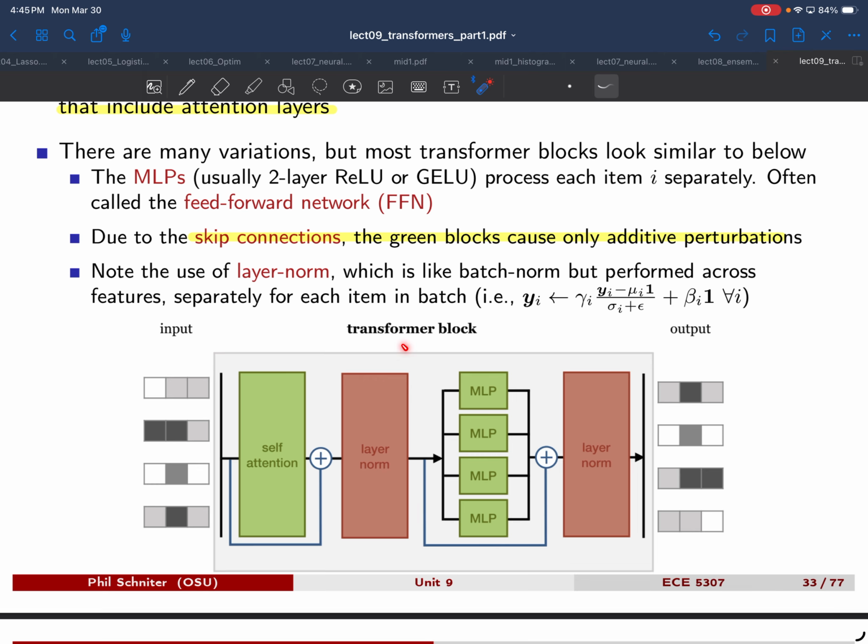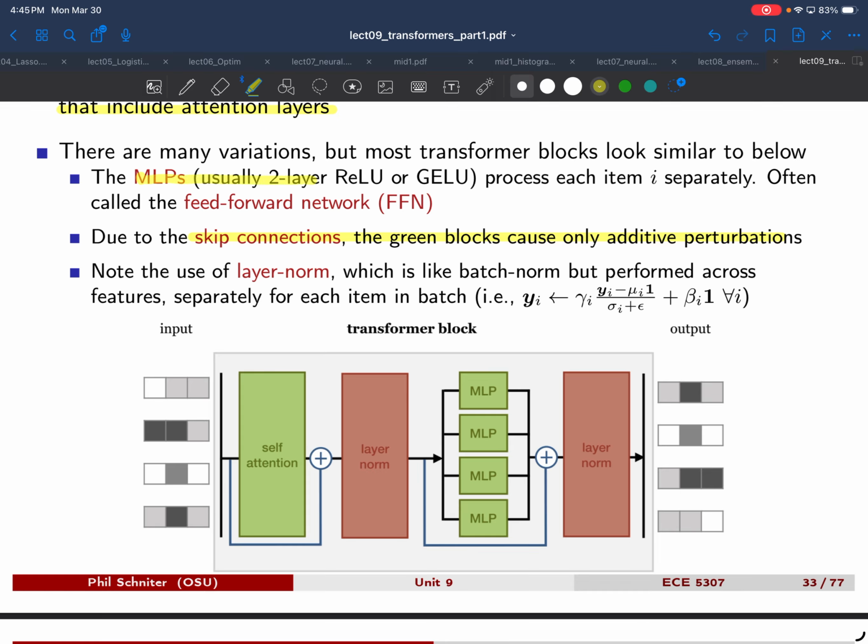Okay, that's the first half. Any questions there? Okay. Second half is we have these multi-layer perceptrons, MLPs. You know, our neural network. And these are usually pretty simple.